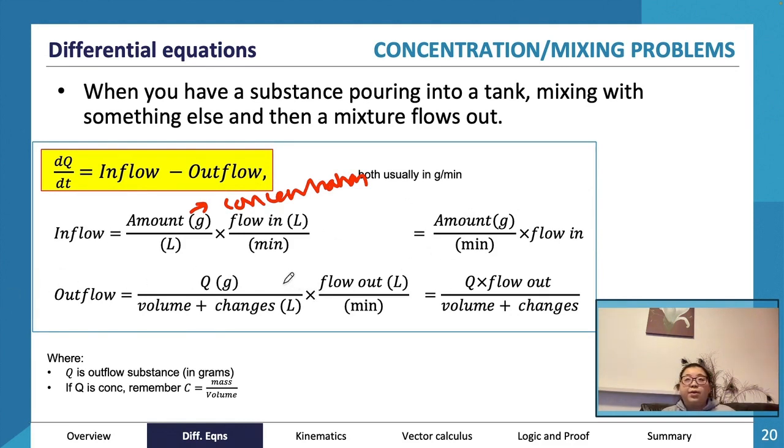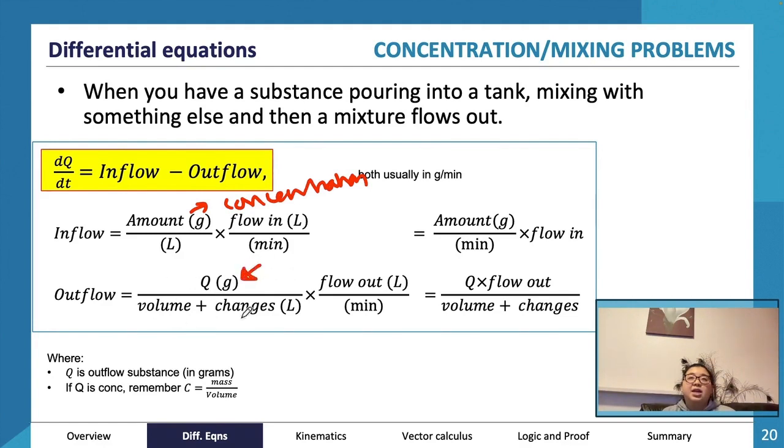Then your outflow is essentially however much salt was in the tank over the volume plus whatever the change in volume is, times your flow out as well. You can just multiply that to get that flow amount. It's really important to remember that you will normally get what this value is.